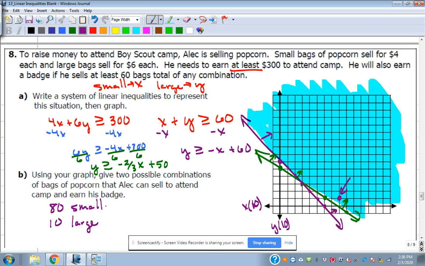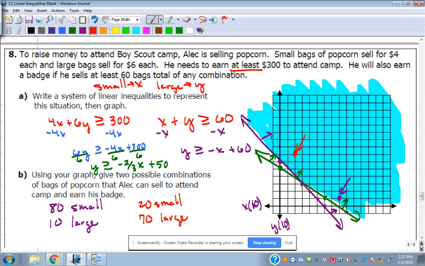That's one solution. Give me one more. 2, 1, 2, 3, 4, 5, 6, 7. Right there. Right there would be 20 small and 70 large.